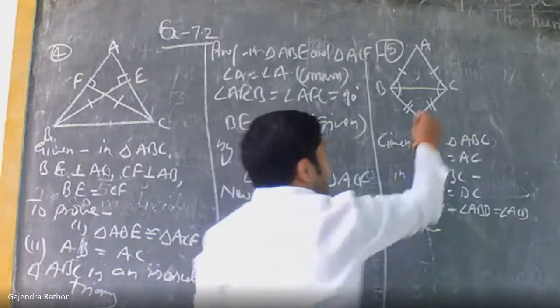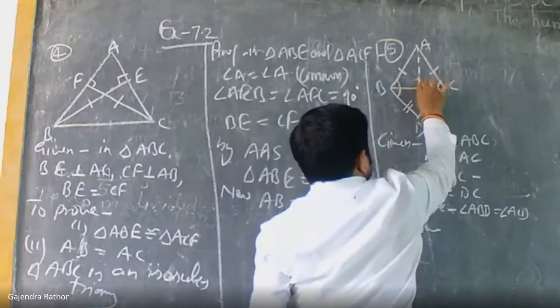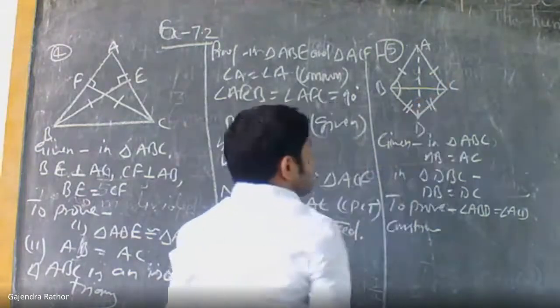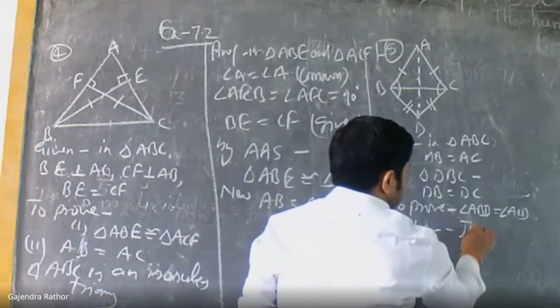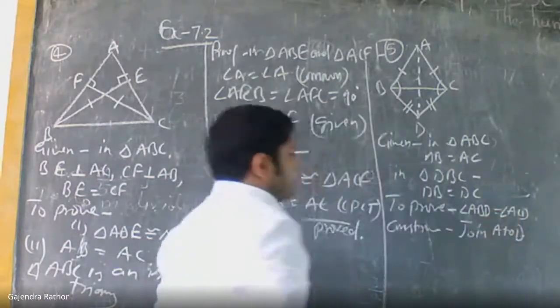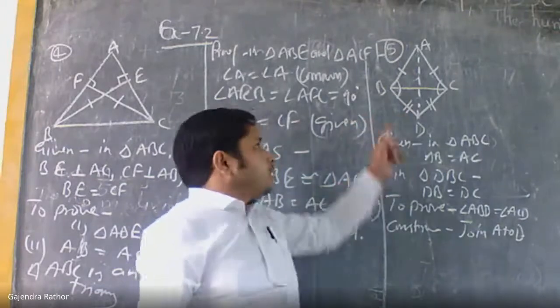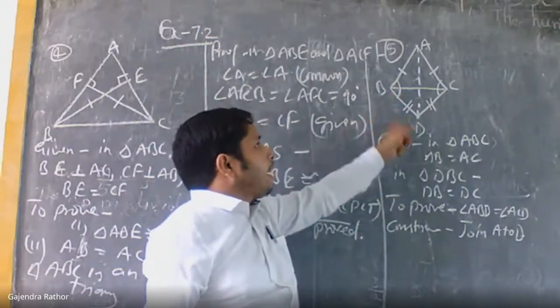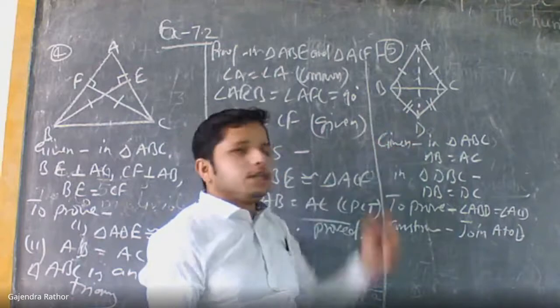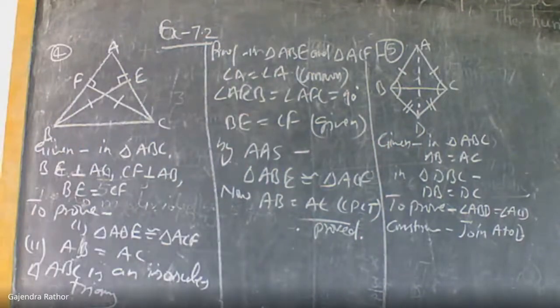So in construction, join A to D. By this construction, we got two triangles, ABD and ACD. Now we will try to prove the triangles are congruent.